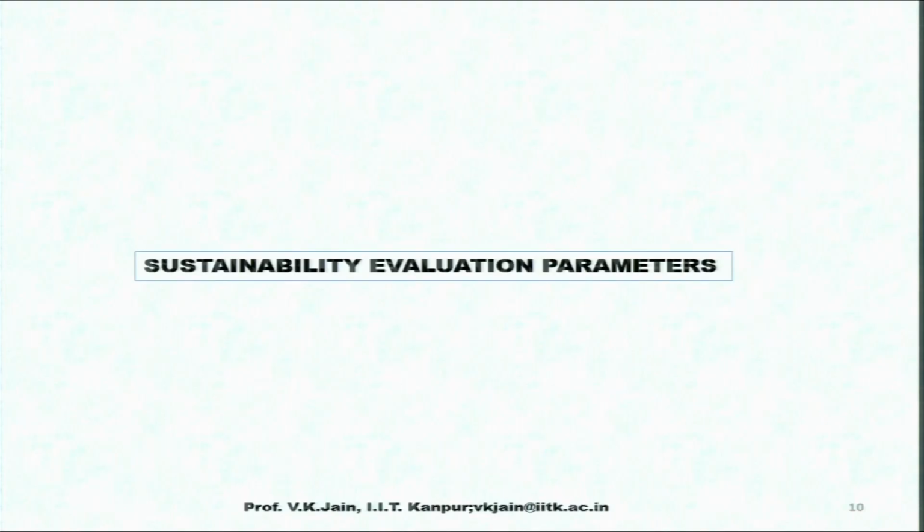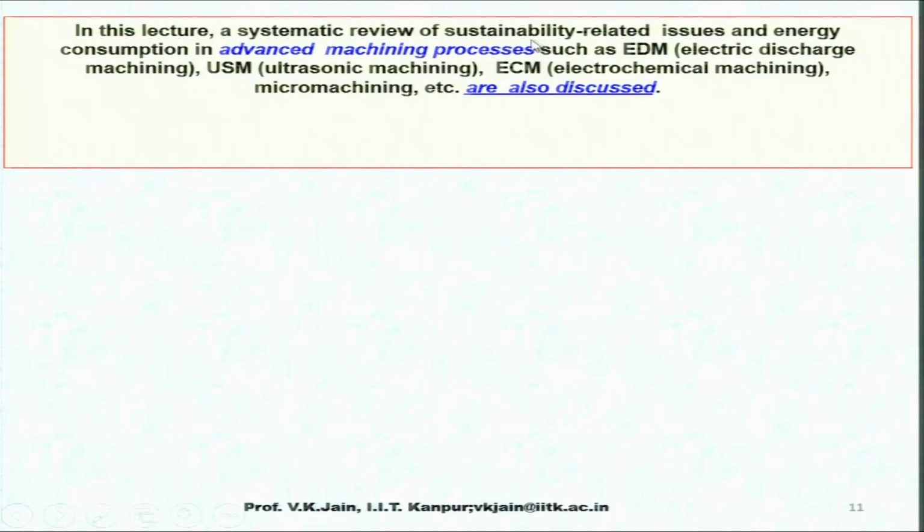Sustainability evaluation parameters. What are the parameters based on which you can assess the sustainability of a manufacturing process and a product? In this lecture, a systematic review of sustainability related issues and energy consumption in advanced machining processes, such as EDM, electric discharge machining, ultrasonic machining, electrochemical machining, micromachining, etc., are also discussed.